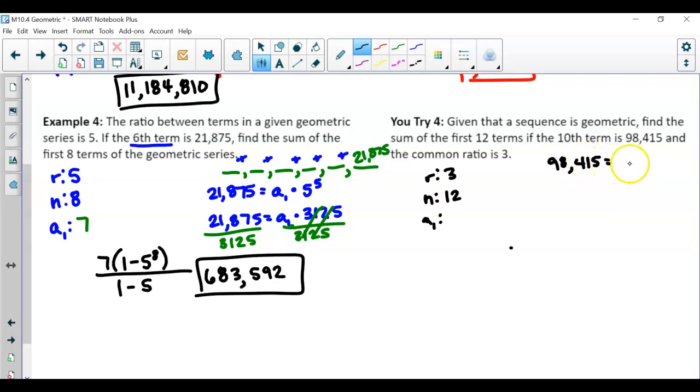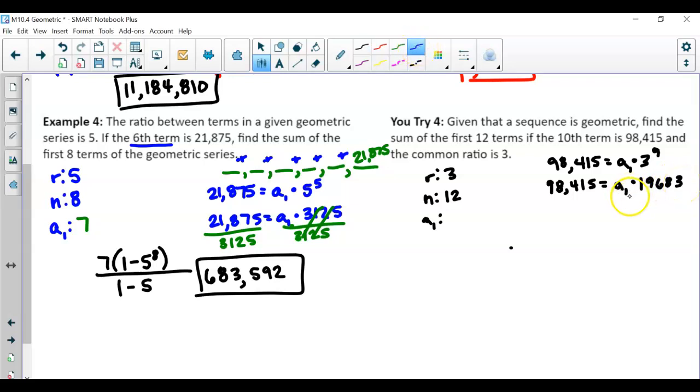98,415, which is equal to, we're going to take that first term and multiply it by our ratio 3, 9 times. So you should have set it up as 3 to the 9th. So now here I've got 98,415 is equal to that initial value, but then 3 to the 9th power is 19,683.